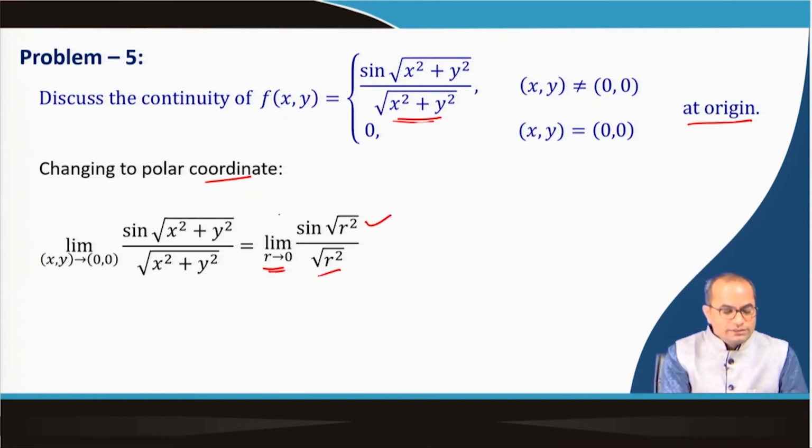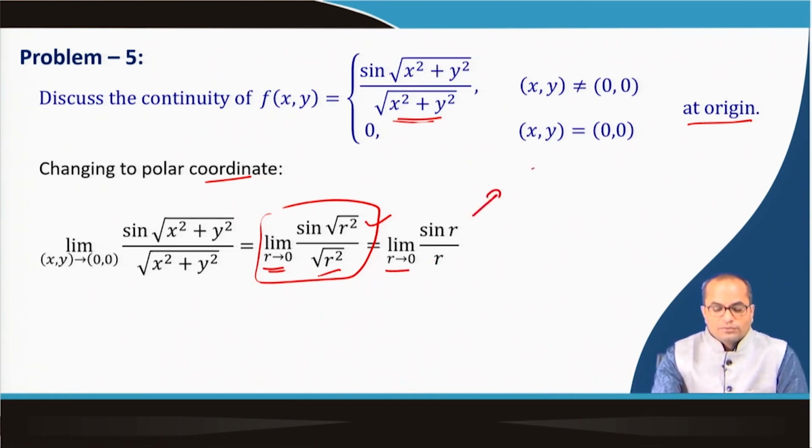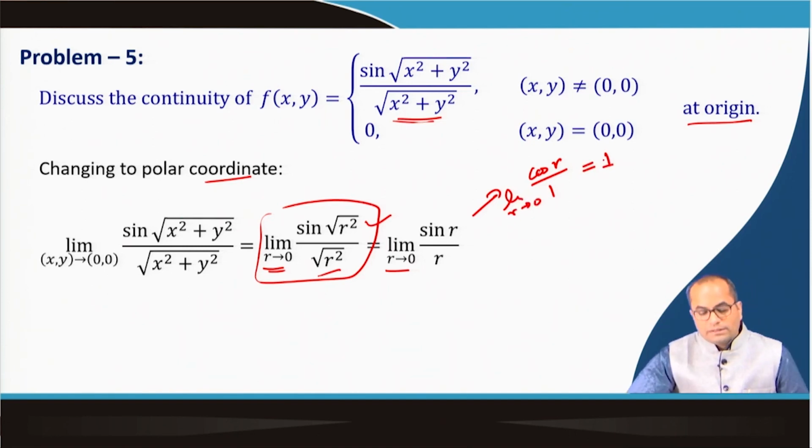So, we reduced the problem to one variable calculus, and this is limit r to 0 of sin r over r. This is the case of 0 over 0, and by L'Hopital's rule we have cos r over 1, and as r goes to 0, cos r is 1. So, this limit is simply 1.